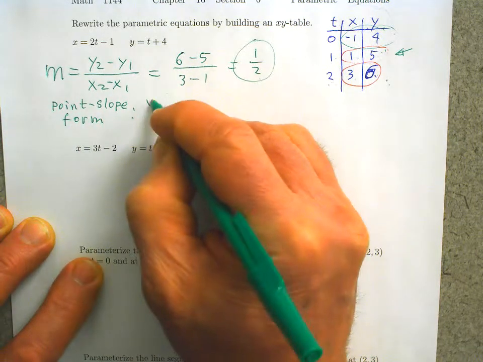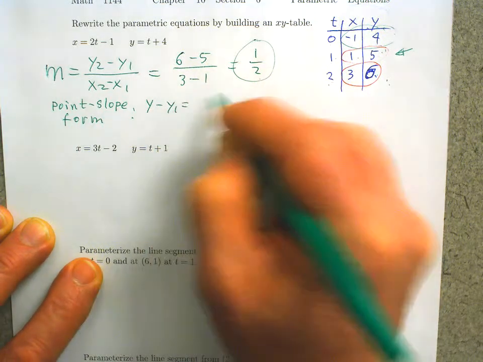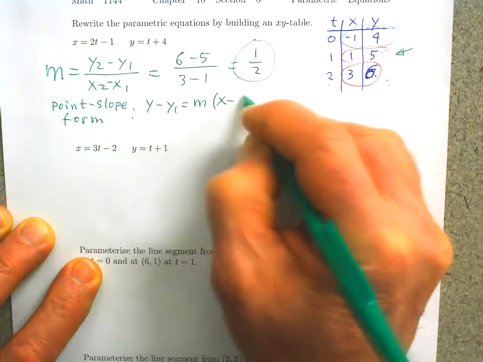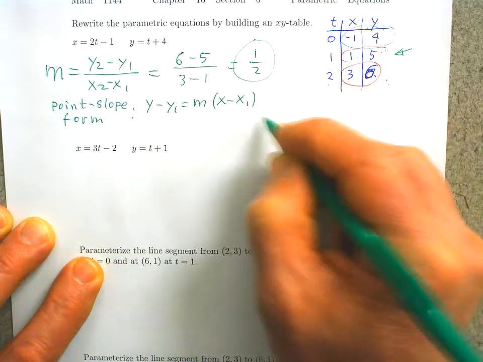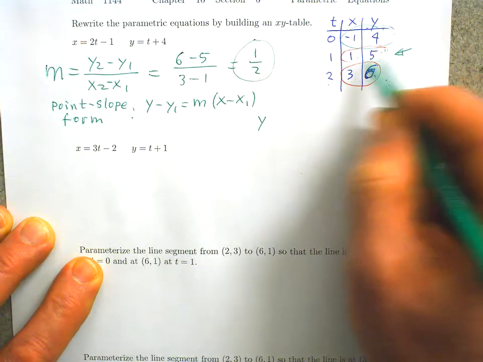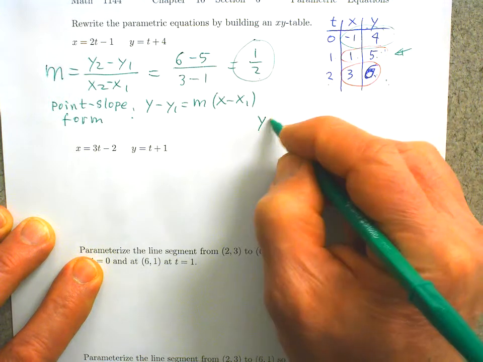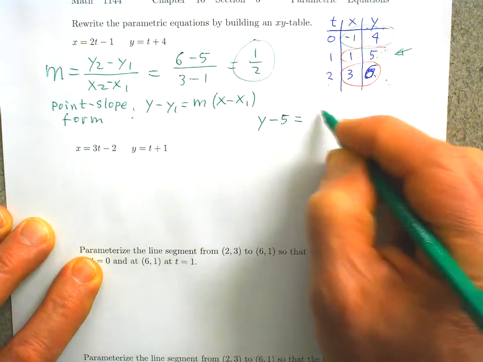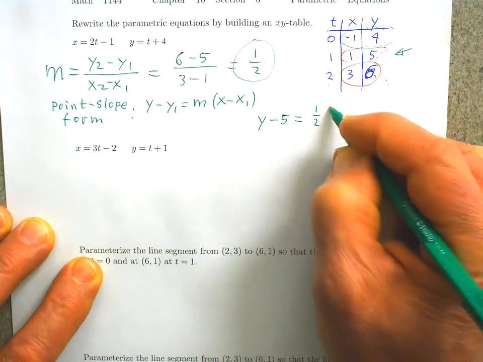The point slope form is y minus y1 equals the slope m times x minus x1. So I'll pick this ordered pair 1, 5. So y minus 5 equals 1/2 times x minus 1.